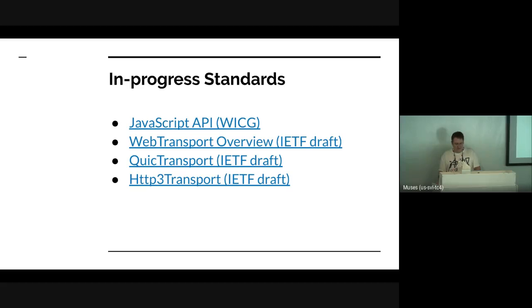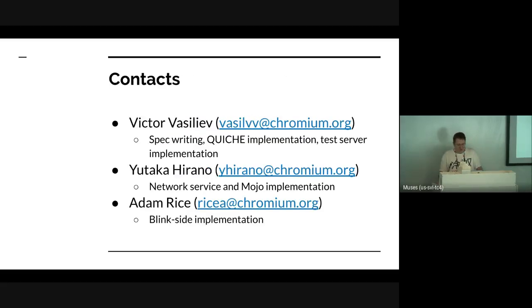And this is a list of the standards. This, again, is a slide for following the links later rather than reading. And these are the people who are working on this. So Victor Vasiliev in Cambridge has been doing most of the work, I would say, writing the spec, implementing it inside Quiche.